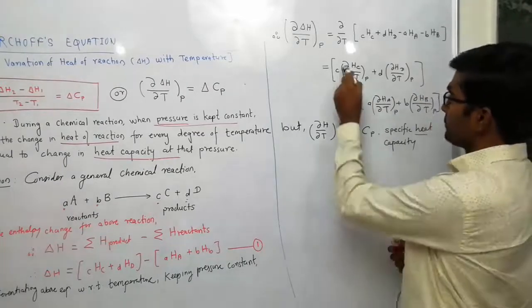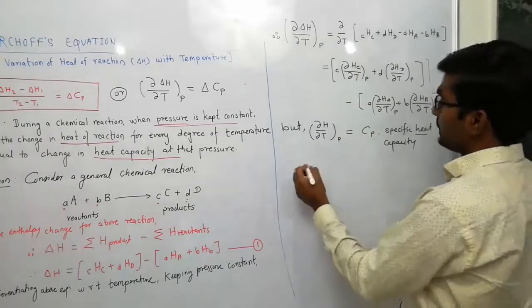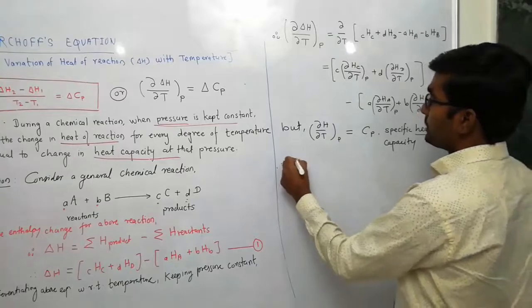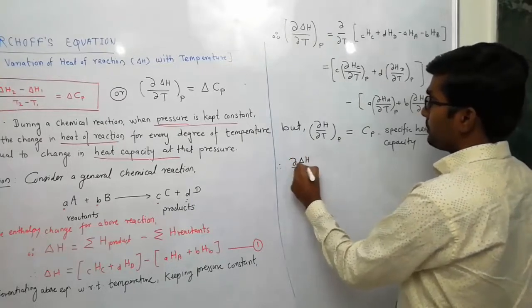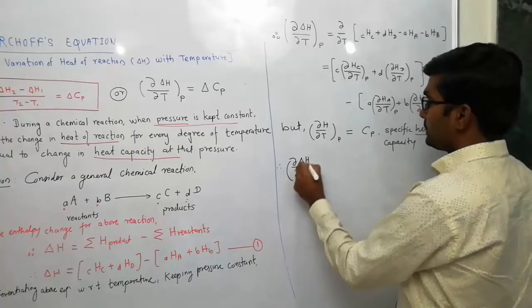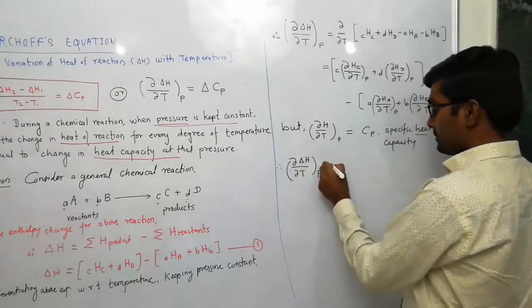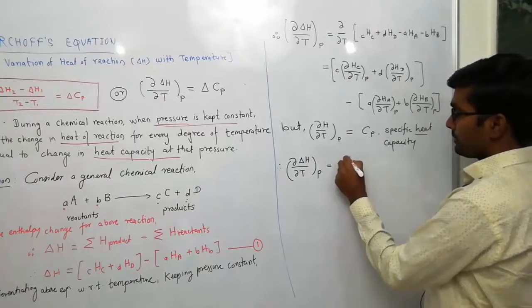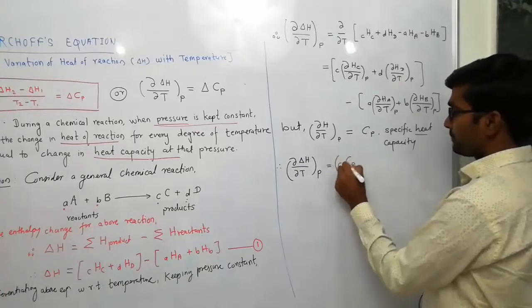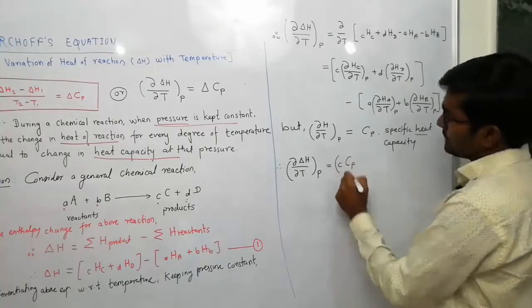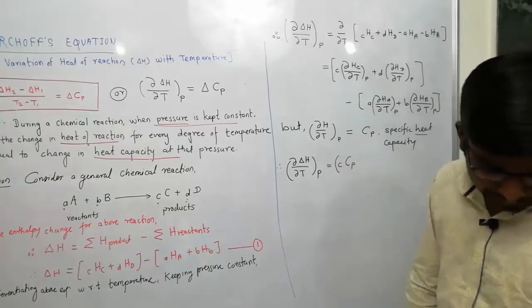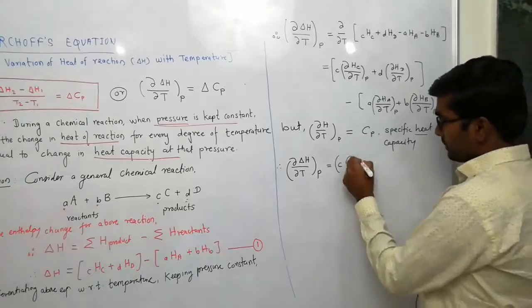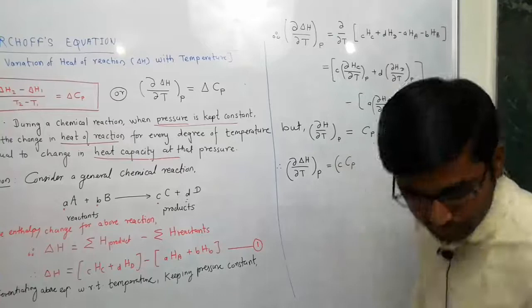Now let us put this Cp value here. So we get, therefore, delta H upon delta T at constant pressure, which is equal to capital Cp.